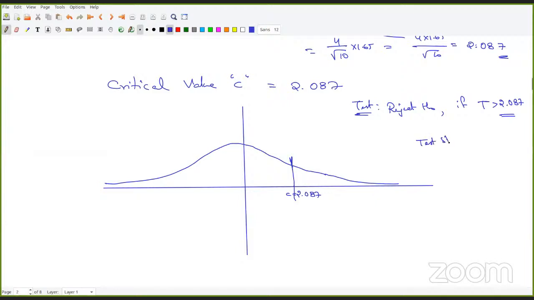Test statistic T, in this case, is X bar. Once you find X bar, suppose your X bar is to the right side of C. Say the value I am taking is 2.5. It will be here, which is in the rejection region. Above this we will reject, and below this we are going to accept.